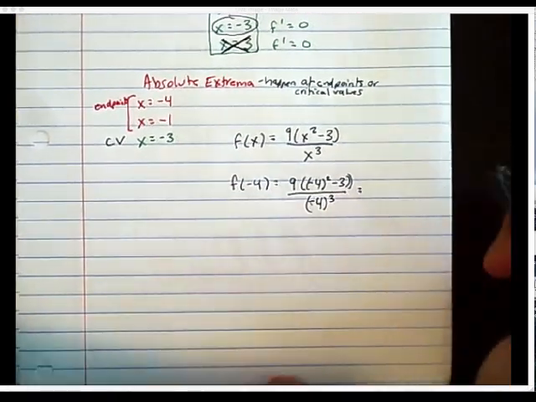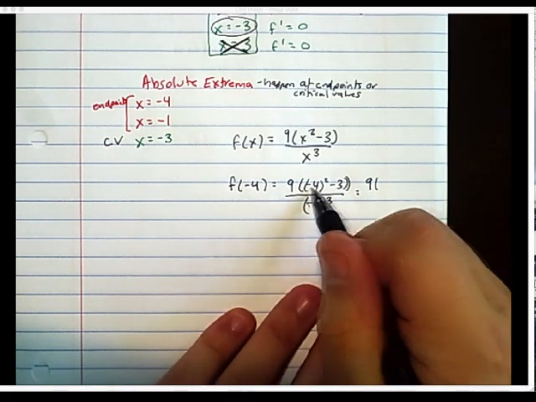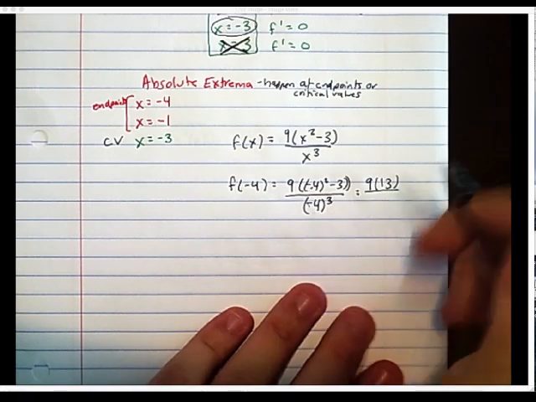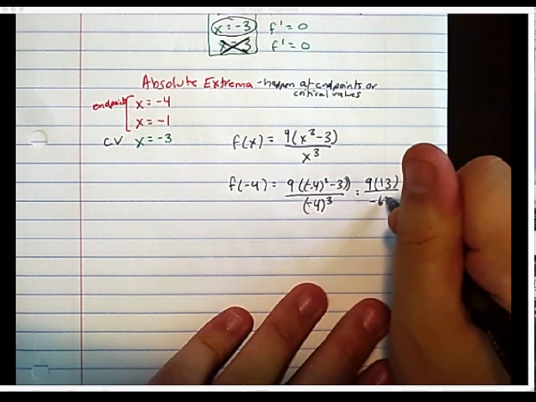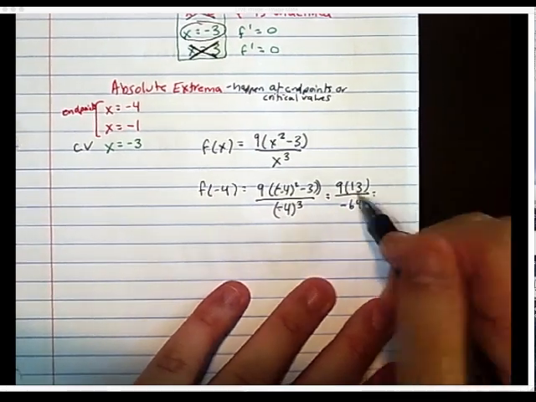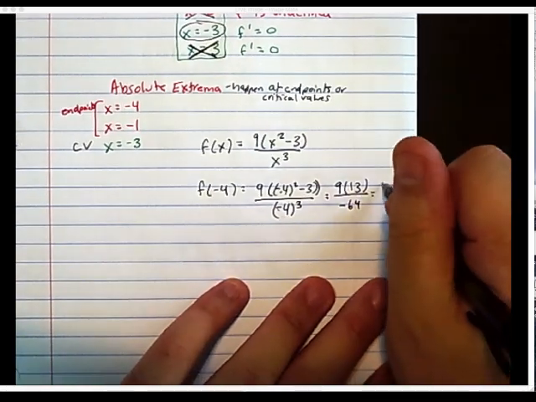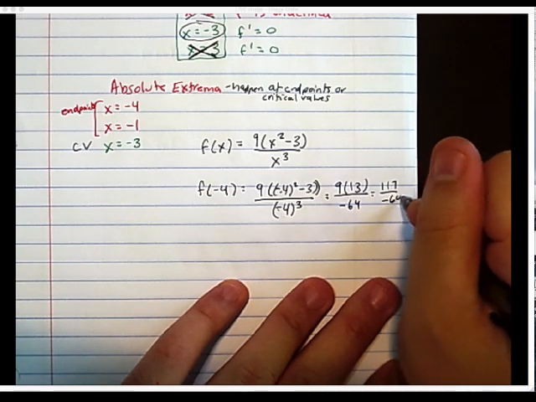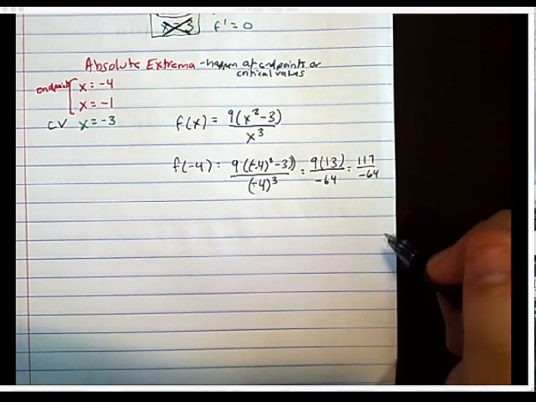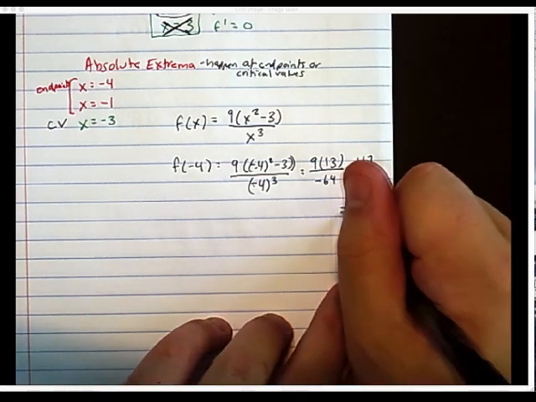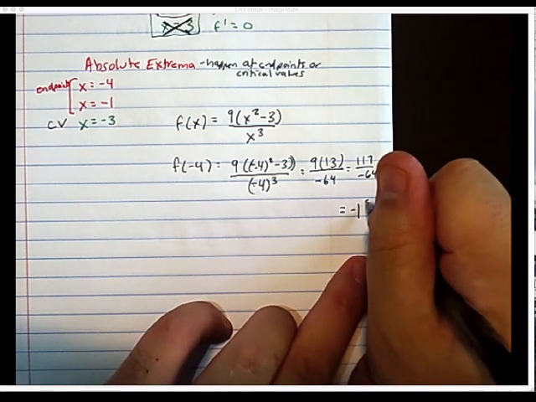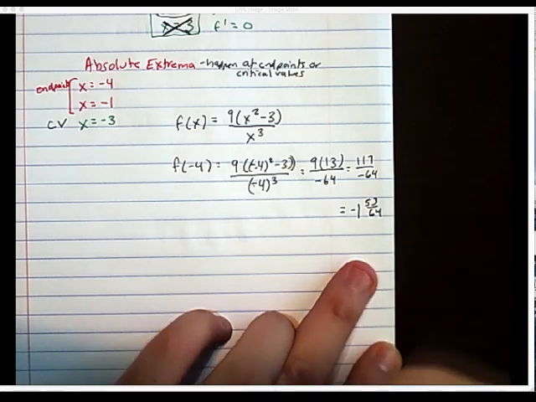If I simplify that a little bit, 9 times negative 4 squared is 16, minus 3 is 13. Negative 4 cubed is negative 64. 9 times 13 is 90 plus 27, that's 117 over negative 64. And as a mixed number, that's negative 1 and 53/64.